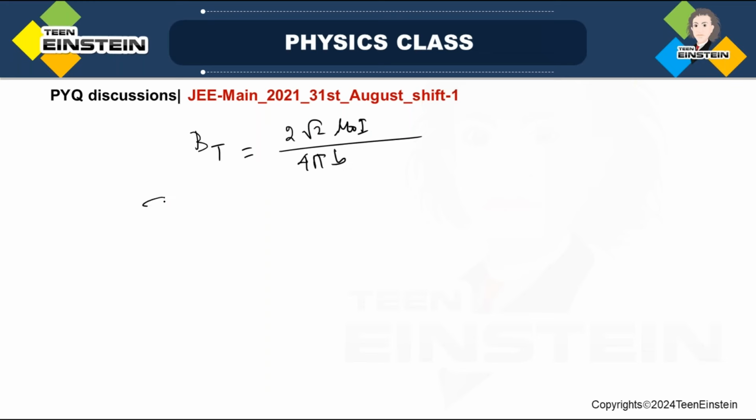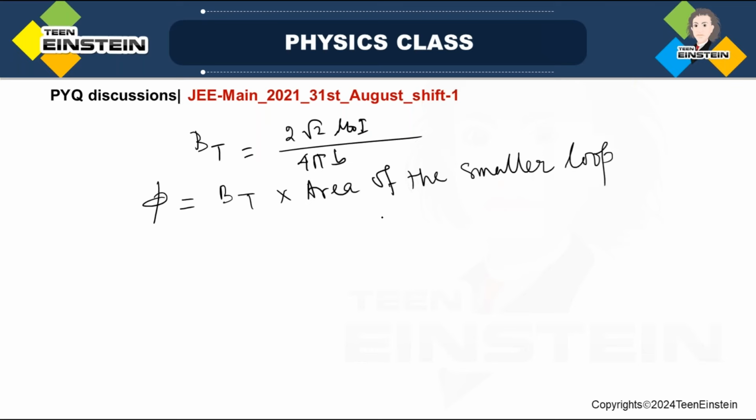Now what is the flux? Flux will be B total into the area of the smaller loop. So the smaller loop has area, how much?